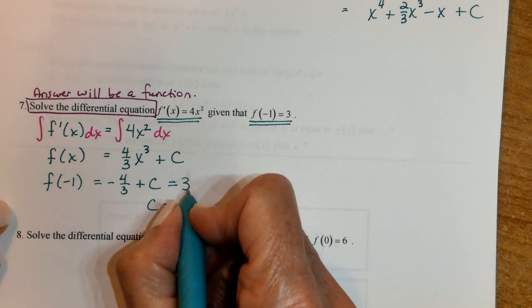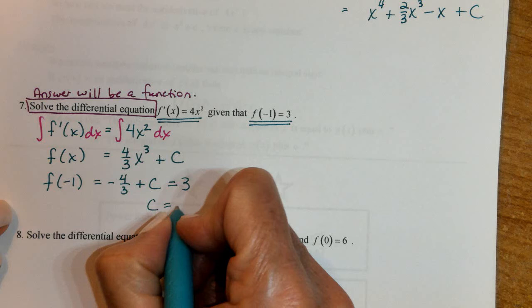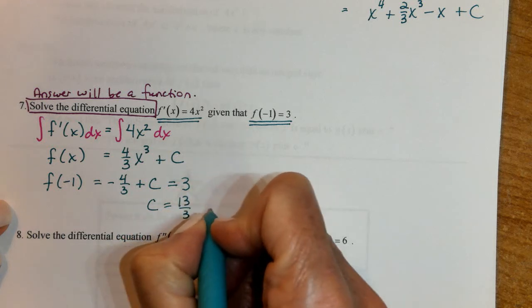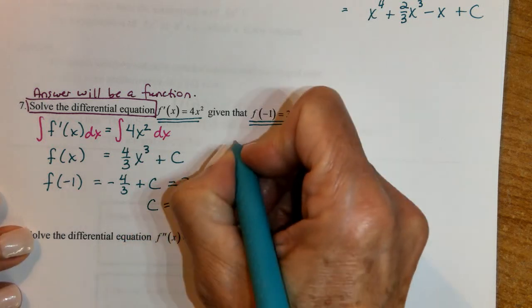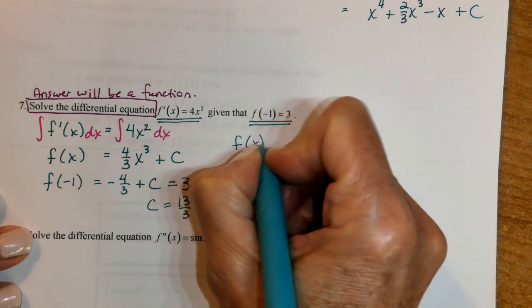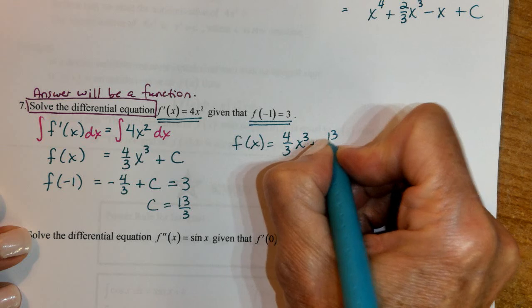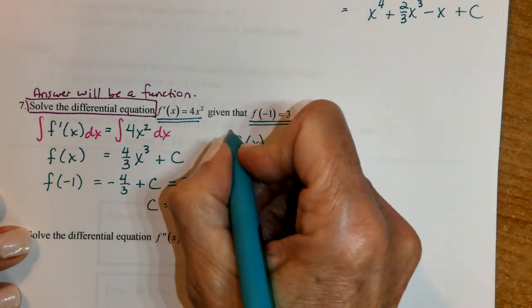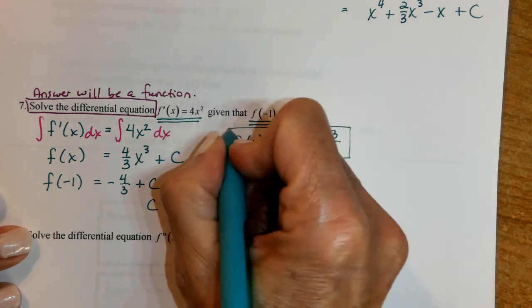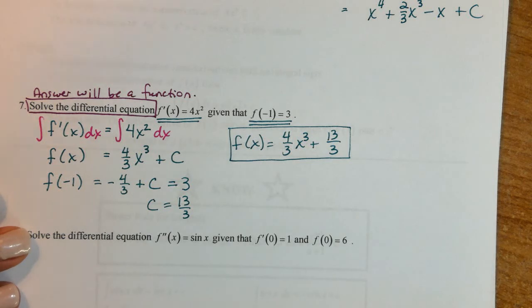Let's see, 3 is 9/3, plus 4/3 is 13/3. So our function, f of x, is 4/3 x cubed plus 13/3. And this is our solution to that differential equation given that initial condition.